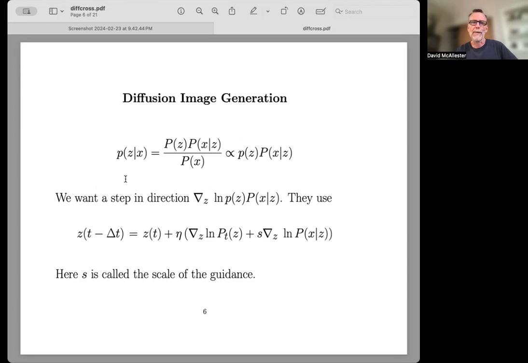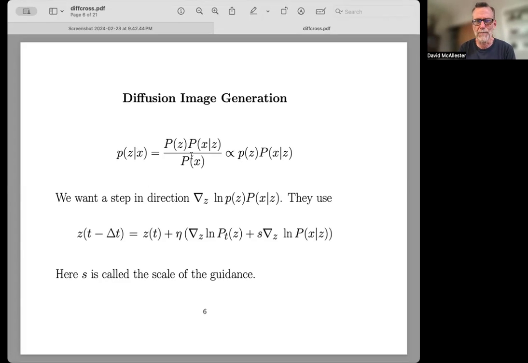So we're interested here in this equation, I'm using Z for the image. That was the notation that was used in the previous talk. So in this equation, Z is the image and X is the class. And I'm interested in the probability of the image given the class. And I can always use Bayes' rule to say, well, that's the probability of both of them, the image and the class, divided by the probability of the class.